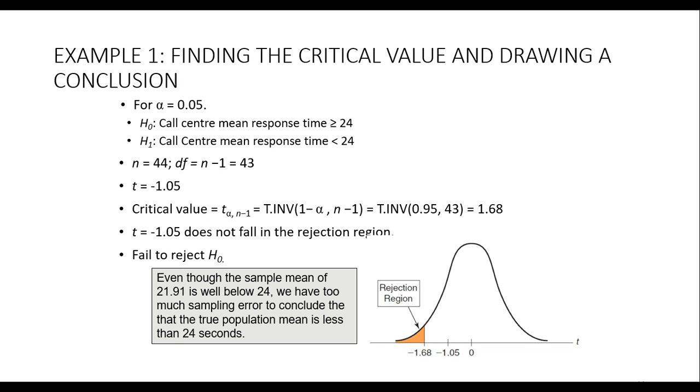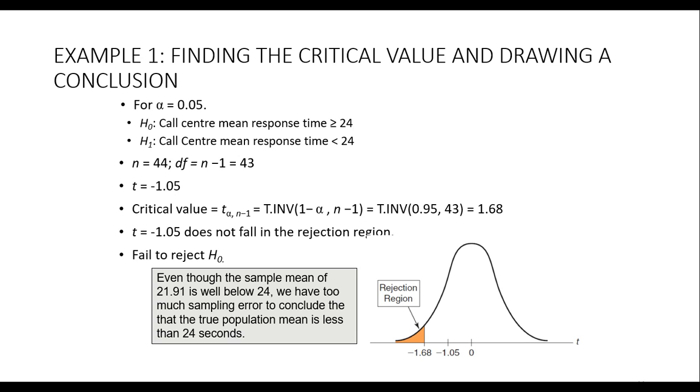Let's look at one example which will clarify things. Suppose a particular call center makes a claim that within 24 seconds somebody will pick up the phone when people call, and the confidence level is 95%.